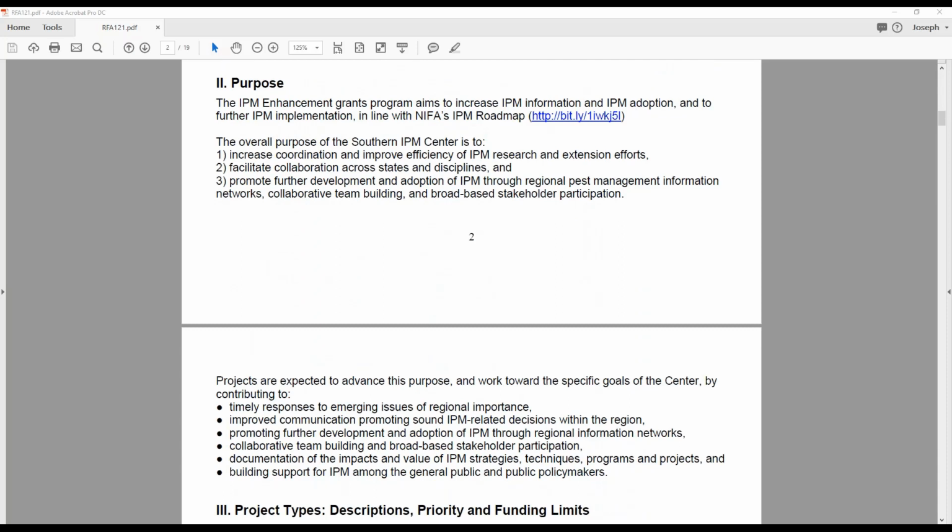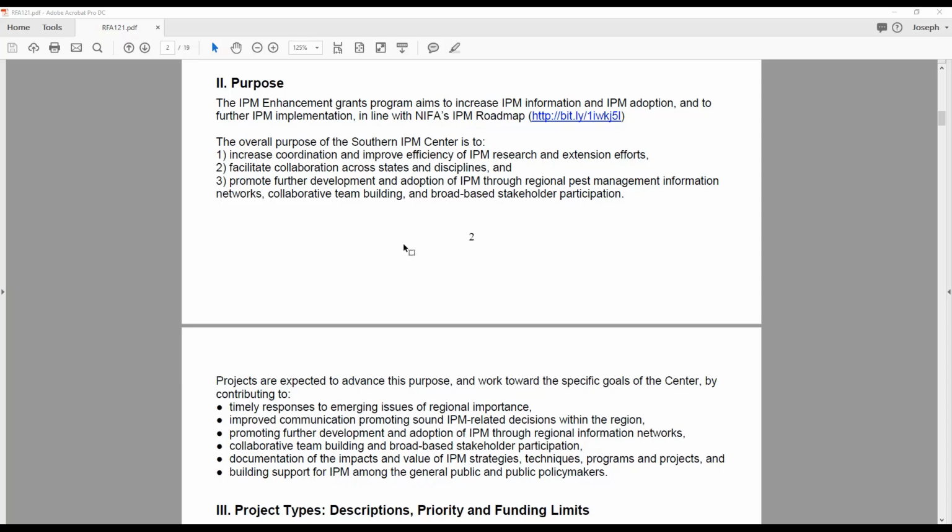First of all, the purpose of the IPM enhancement grants. We are trying to increase the coordination of people working on integrated pest management, facilitate the development of new pest management tactics to control pests, and improve our timely response to them.